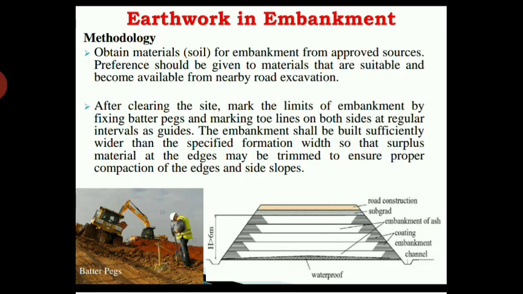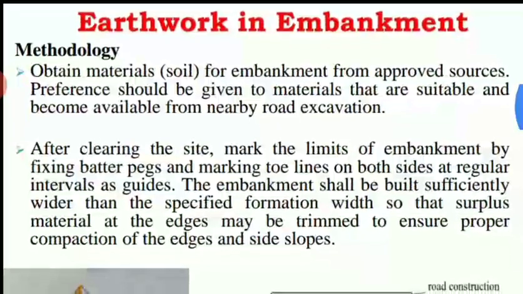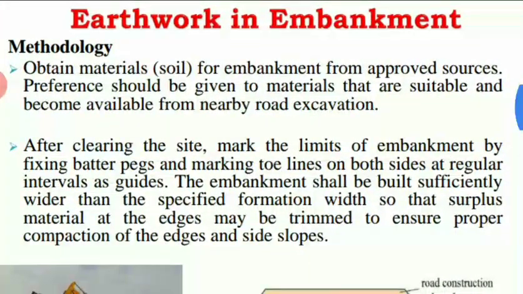So how exactly can the earthwork be carried out in the embankment part? The materials, such as soil, used for the embankment should be obtained from approved sources. Whatever material we are going to use in the construction of the embankment should be approved from the sources.